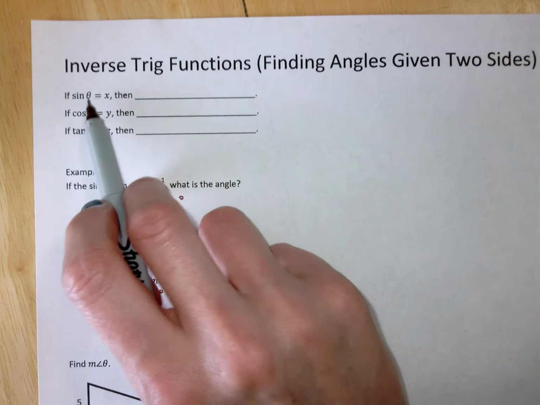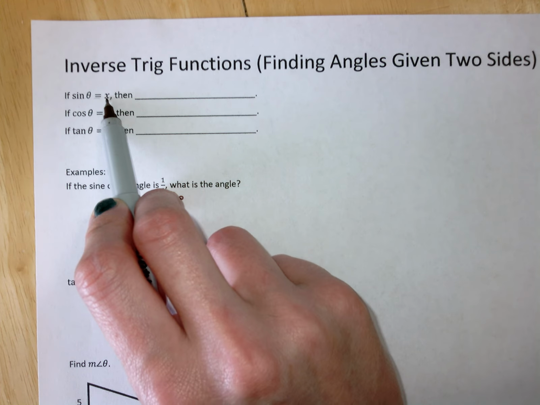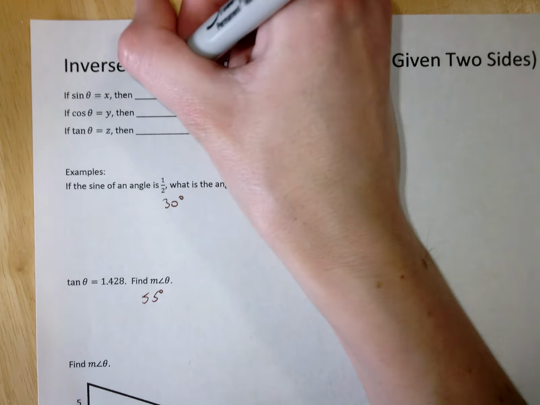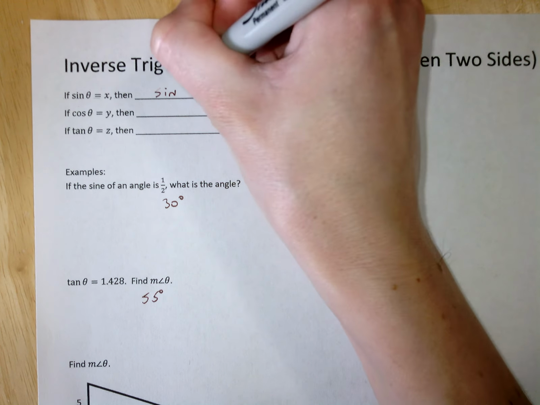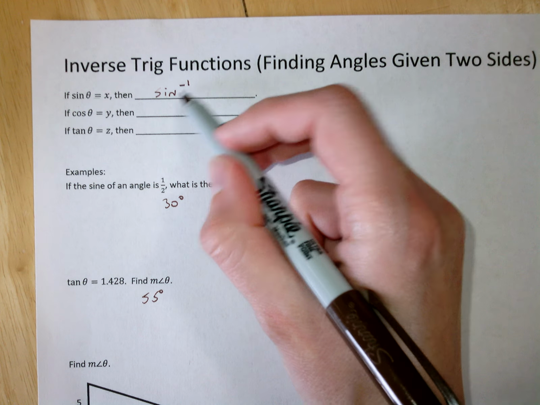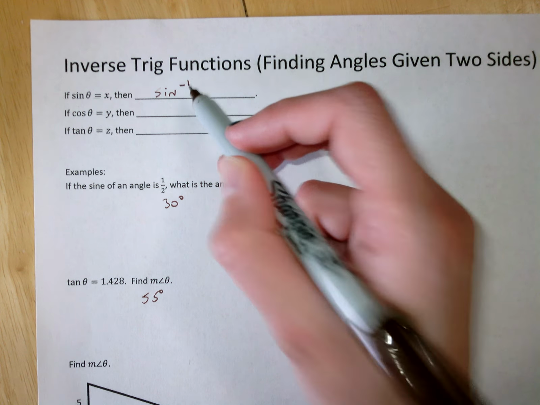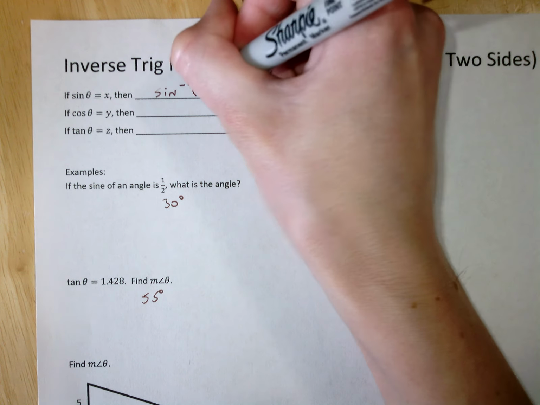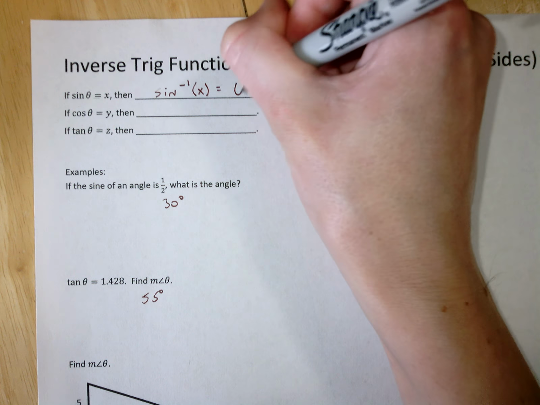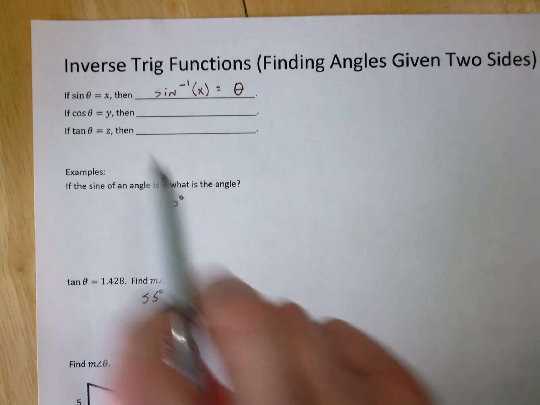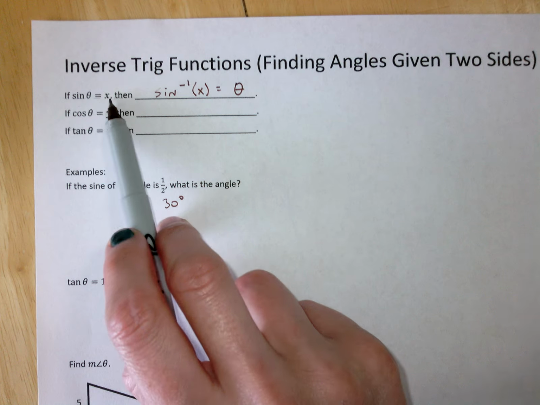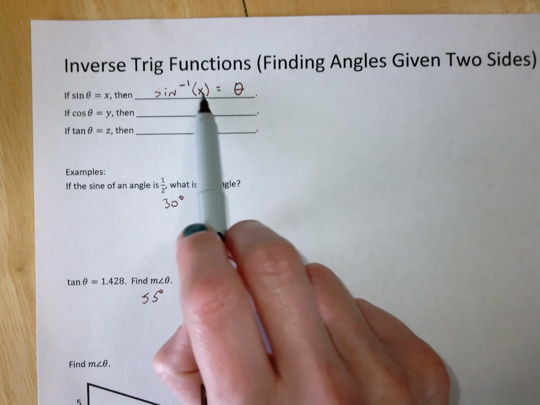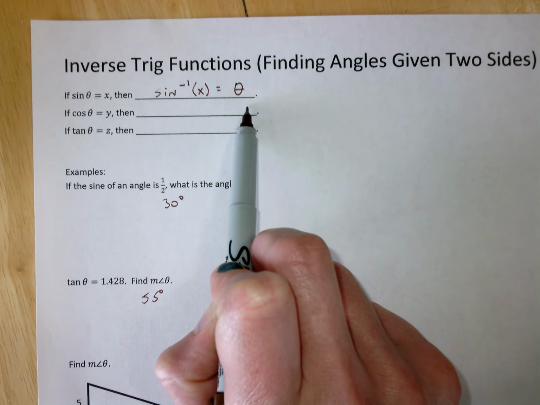So if the sine of an angle is x, then the arc sine or the inverse sine, so it's a sine with a little -1 as an exponent, of x equals theta. Okay, so if you know that the ratio is x, then you take the arc sine of the ratio and that will tell you your angle.